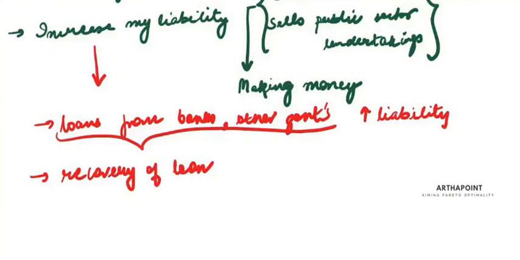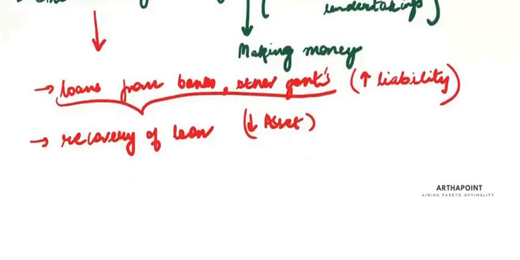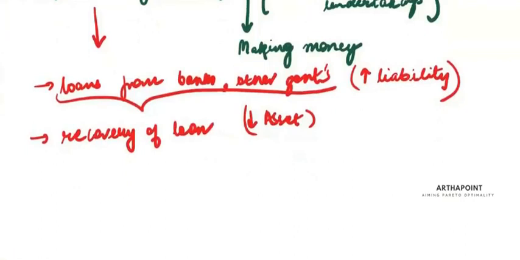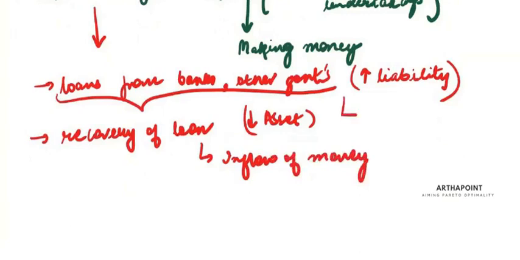Now, when people give back that loan, when people refund you the money, that becomes a decrease in the asset, because you have been able to recover that loan. There is no more an additional asset for you. So when you recover the loan, although the asset decreases, at the same time there is an increase in the money inflow. This also leads to inflow of the money.